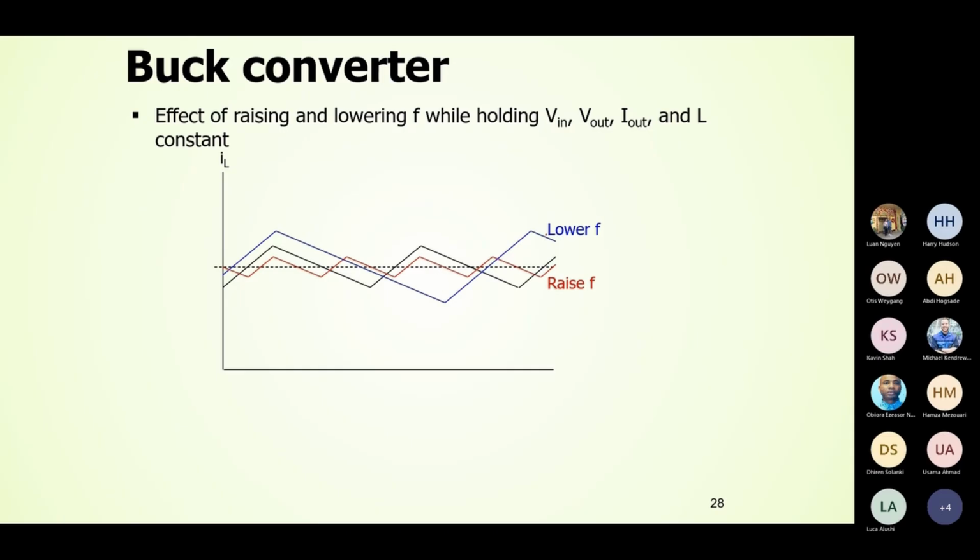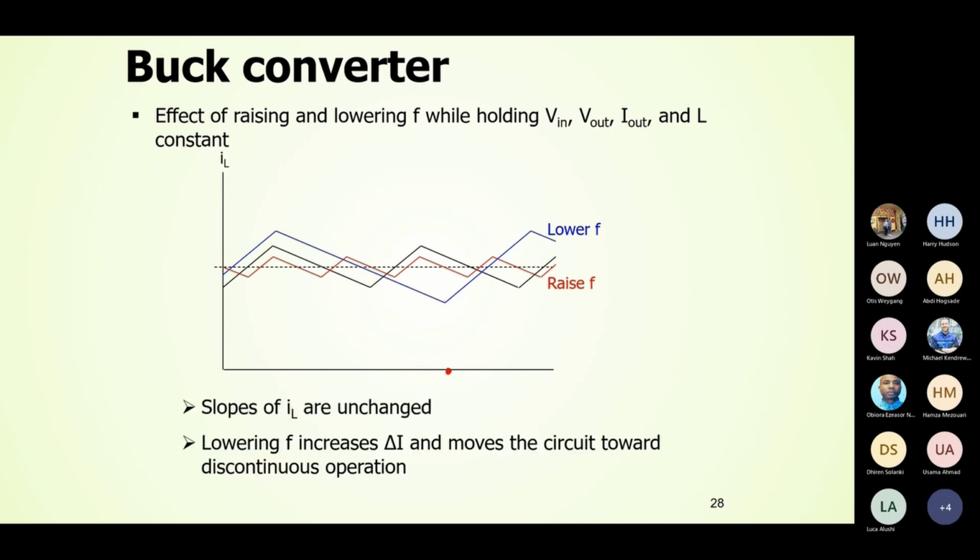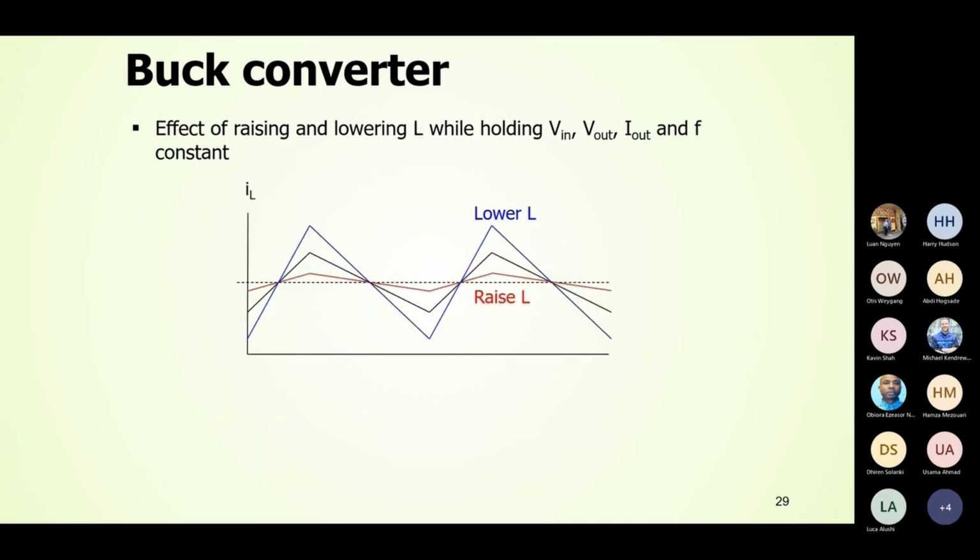So if you keep decreasing the switching frequency, at some point it may touch the zero value. It means you have discontinuous conduction mode, which is something that we want to avoid. So lowering F increases delta I and moves the circuit towards discontinuous operation.